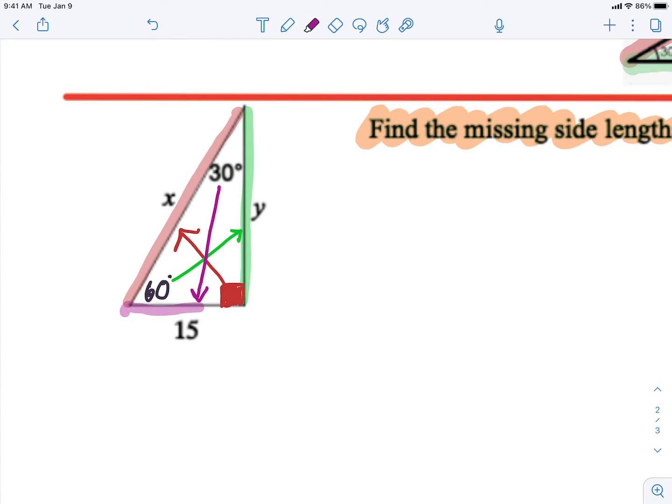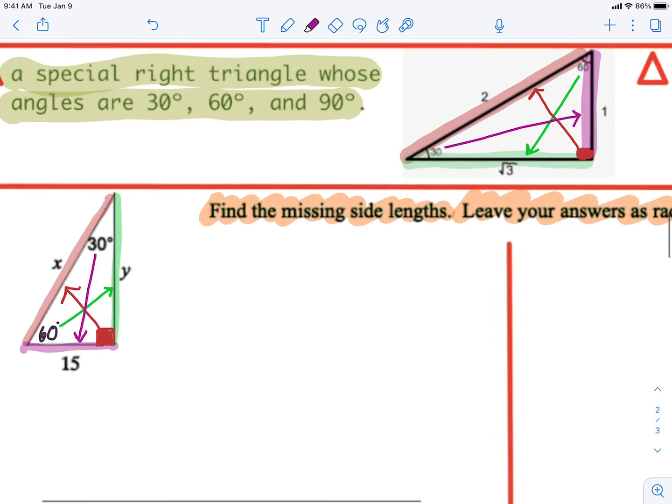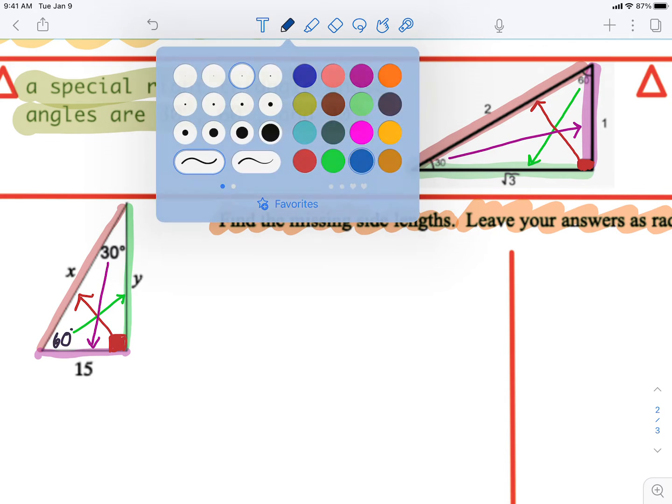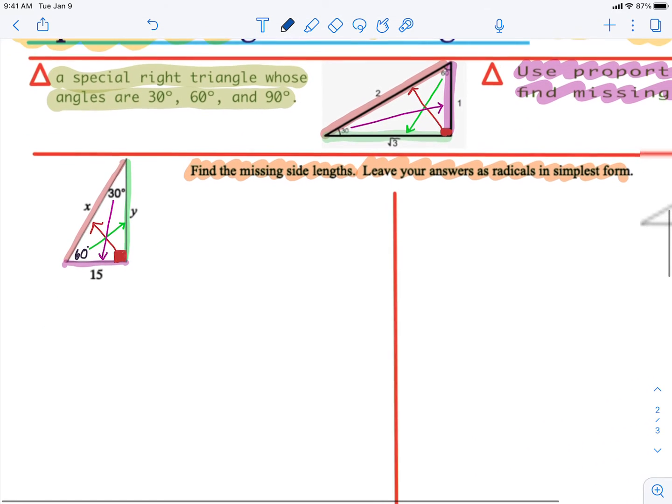Right? Is the short side. So now what I'm going to do, everybody, is find proportions and see what I have. Well, what I have is purple, and purple goes with purple.